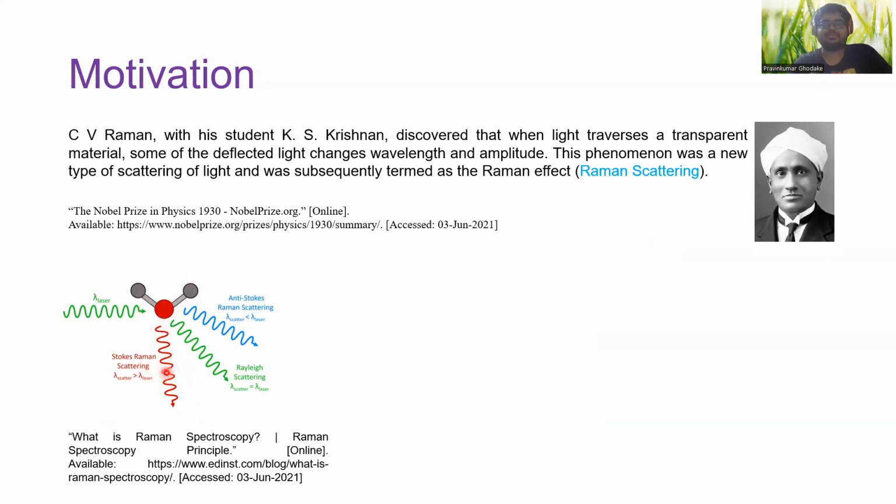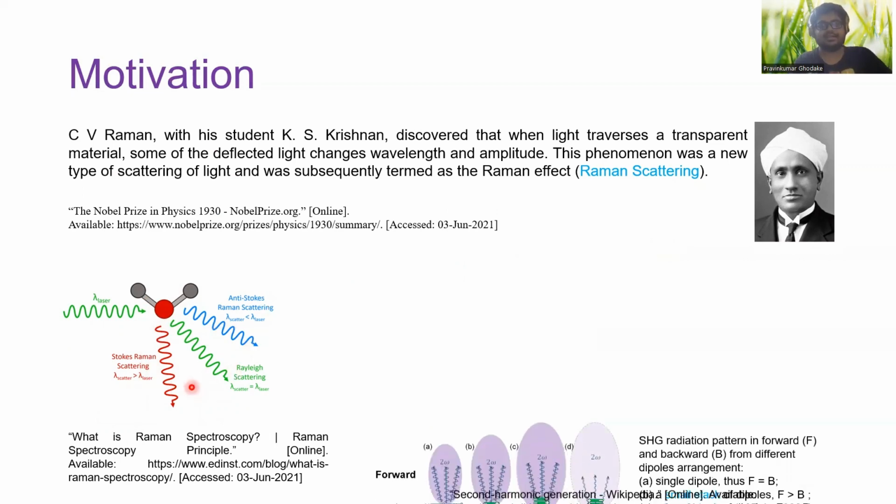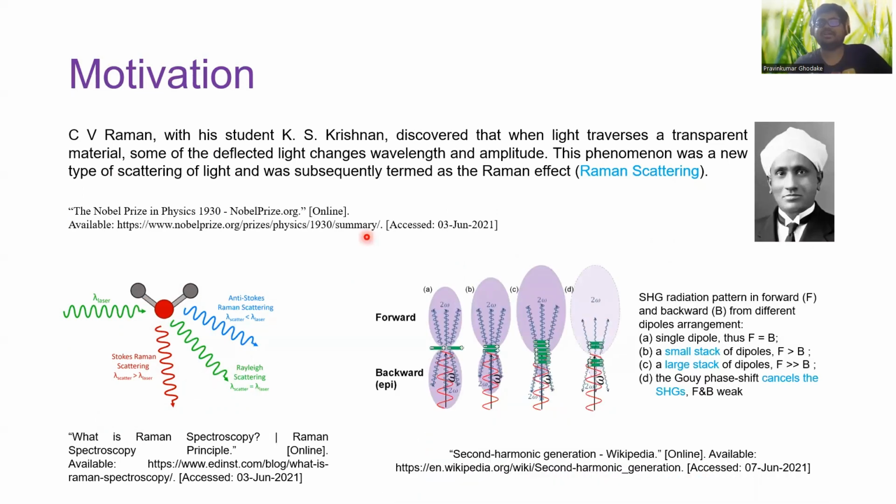So based on the dimension, different types of scattering can be observed, and that was demonstrated in nonlinear optics: based on the different positions or combinations of the dipoles, these are the forward scattered waves and these are the backscattered waves. Based on these different case studies, there will be high intensity of the backscattered wave.